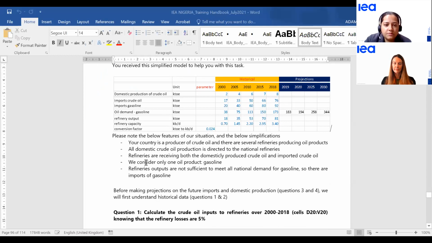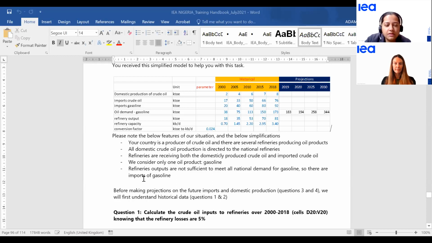Your country is a producer of crude oil, and there are several refineries producing oil products. All domestic crude oil production is directed to the national refineries, and refineries are receiving both the domestically produced crude oil and imported crude oil. We consider here only one oil product, which is gasoline.